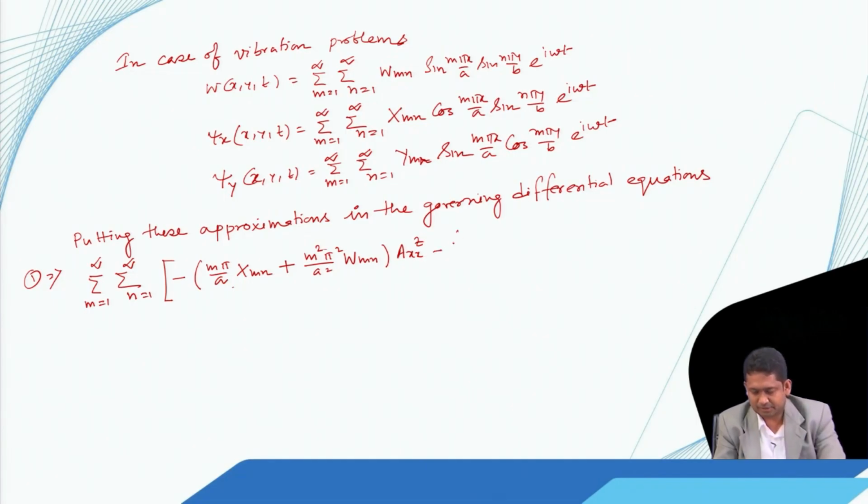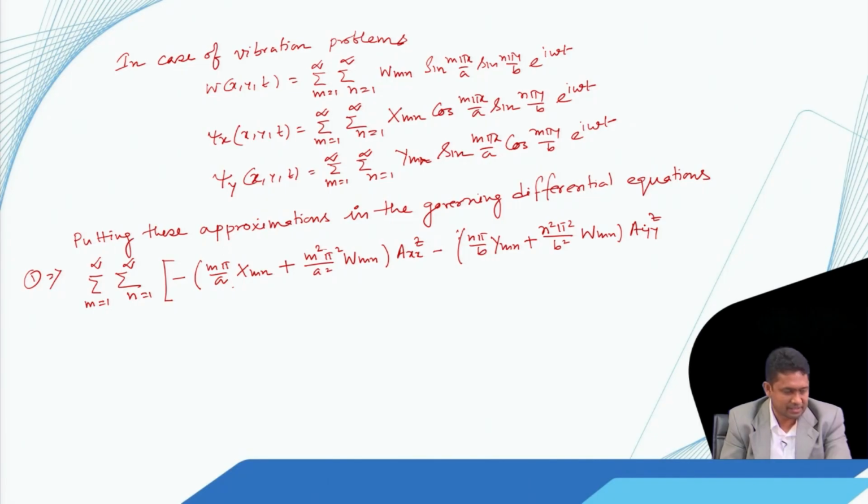Then we get minus n pi by b Y m n plus n square pi square by b square W m n into A y y of z, and then plus q m n and plus I 0 omega square W m n.